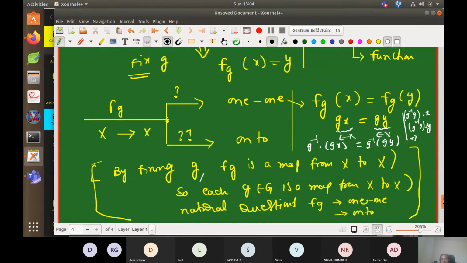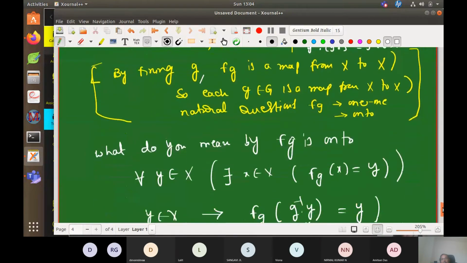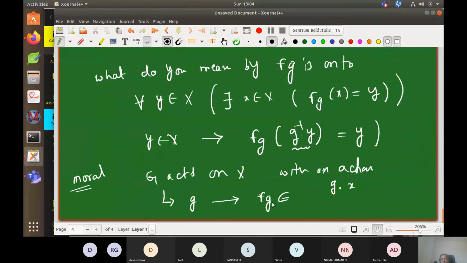But what is that map? That is exactly Fg. So where does Fg belong? It is not just a map. It is both 1-1 and onto. So Fg belongs to the 1-1 and onto maps from X to X, so each element is in the symmetric group of X. I wrote that part.